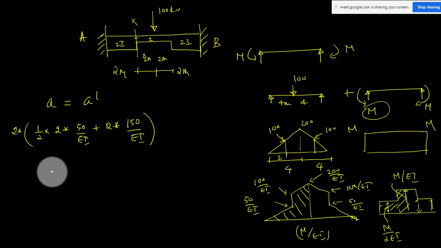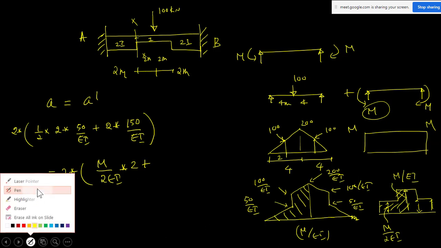It is equal to 2 into, what is this area? That is M by 2EI, this length is 2 meter, plus what is this rectangle?